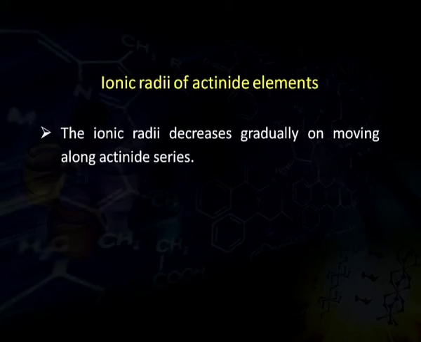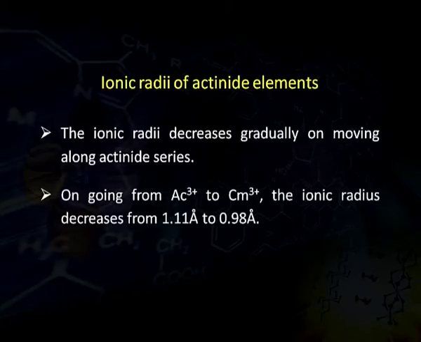Let us discuss the ionic radii of the actinide elements. The ionic radii of the actinide elements decrease gradually on moving along the actinide series. On going from actinium 3 plus to curium 3 plus, the ionic radius decreases from 1.11 angstrom to 0.98 angstrom, meaning there is a gradual decrease when we move from actinium to curium in the +3 oxidation state.